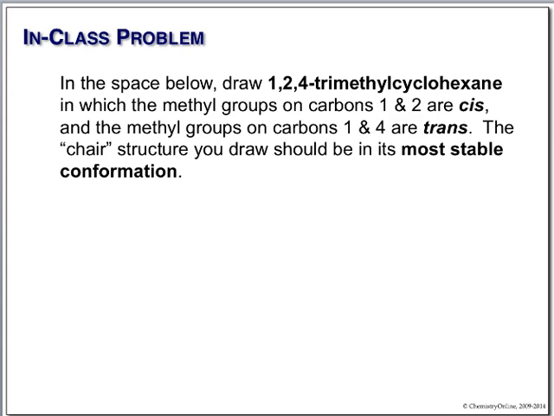So step 1, you want to draw a perfect cyclohexane, and you want to put in your axial and equatorial bonds so they're 1, 2, and 4 relative to each other. So you draw your cyclohexane, and at carbons 1, 2, and 4, I put in the axial and equatorial bonds.